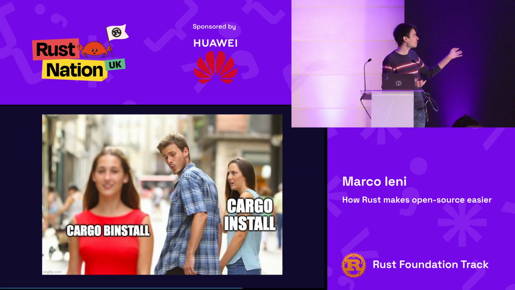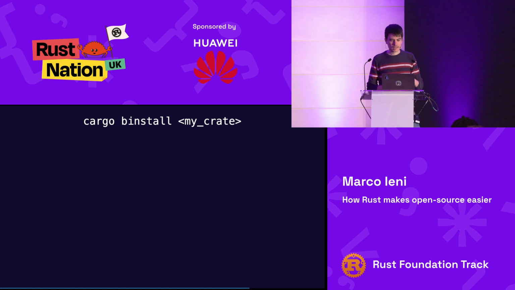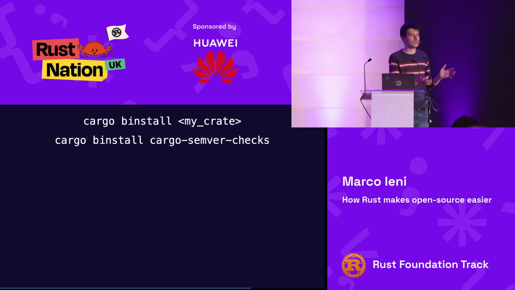There is a tool called cargo binstall, which fixes this problem. cargo binstall is a tool that manages binary installation for Rust projects. The way it works is the same as cargo install. You just add the b before install. So cargo binstall, for example, cargo-semver-checks. The difference between cargo install and cargo binstall is that cargo binstall will try to download pre-built binaries of your project.